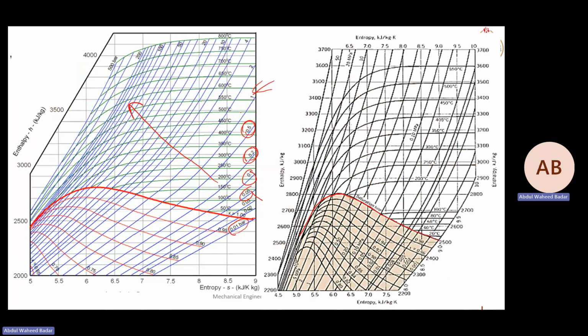Do you see the temperature lines? These ones, this one, for example. This is the 500 degrees Celsius temperature line. So these are temperature lines. Inside the dome, the temperature and pressure lines merge, just like on TS or TV.